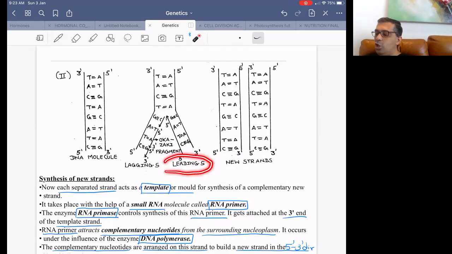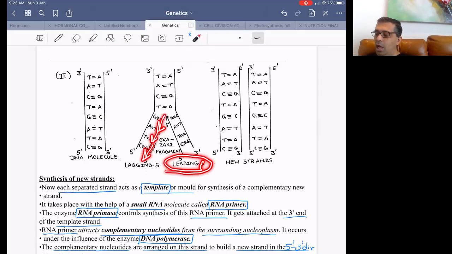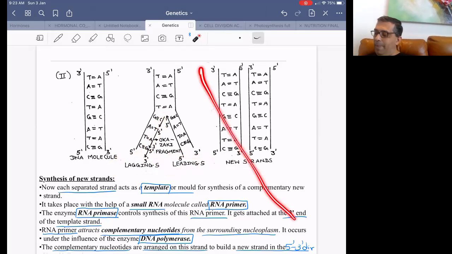So in one strand, replication is earlier compared to the other strand. That strand is called the leading strand. What is that strand called? The leading strand. And the opposite strand, where replication takes place a little later, is called the lagging strand. So the strand in which replication happens first is called the leading strand.